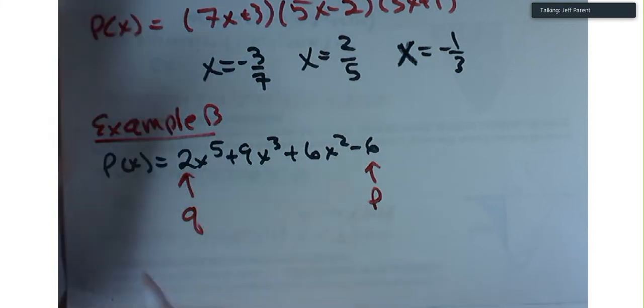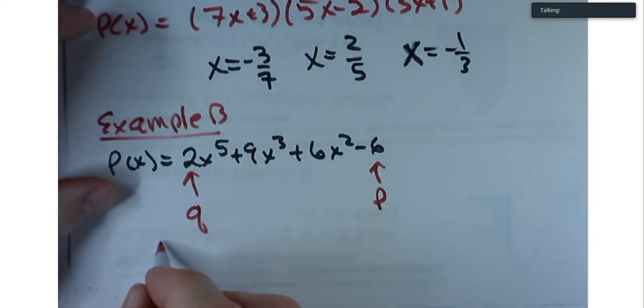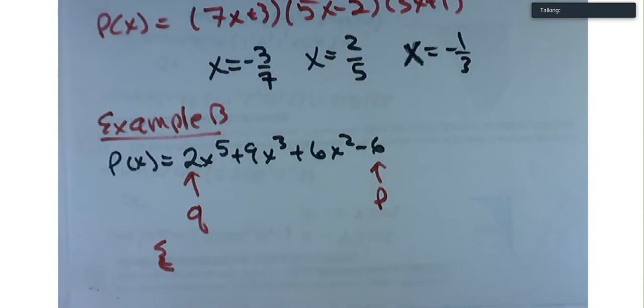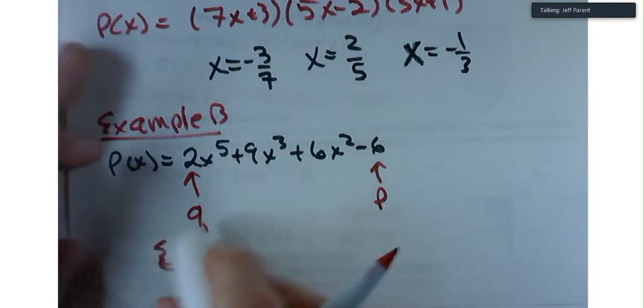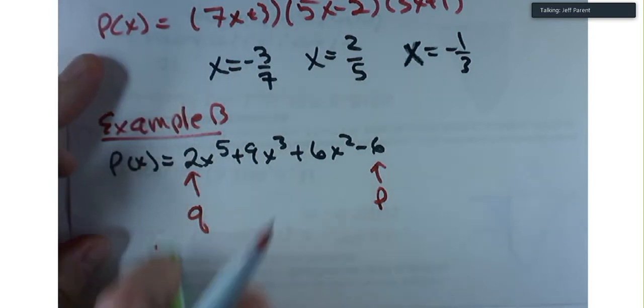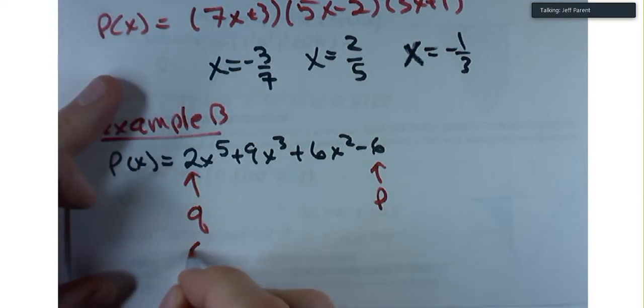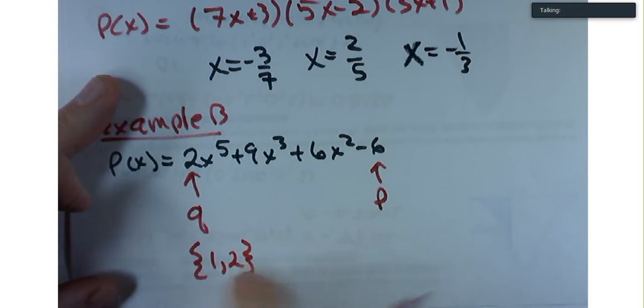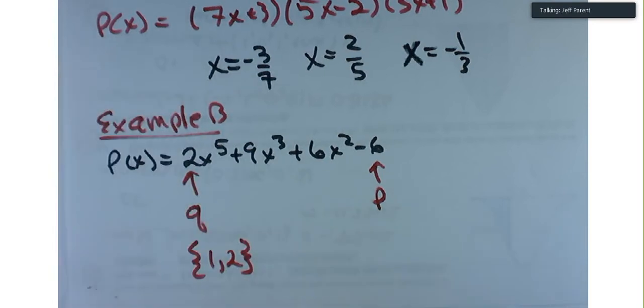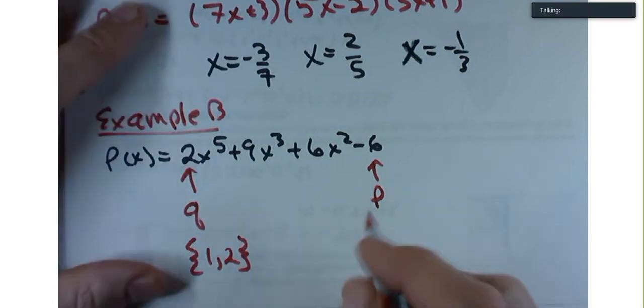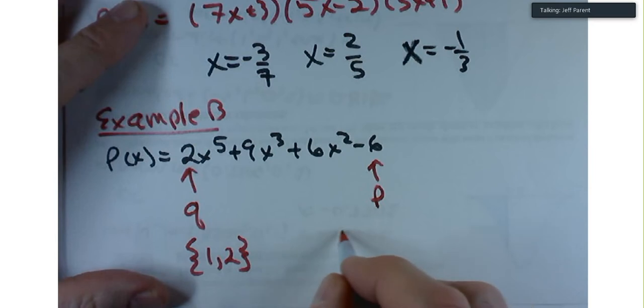So let's look at the possible values of p and q. Q, well, there's not too many things that factor into 2 evenly. So that's going to make this problem a lot nicer. It's just 1 and 2. Those are the only two possible factors of q. How about p?